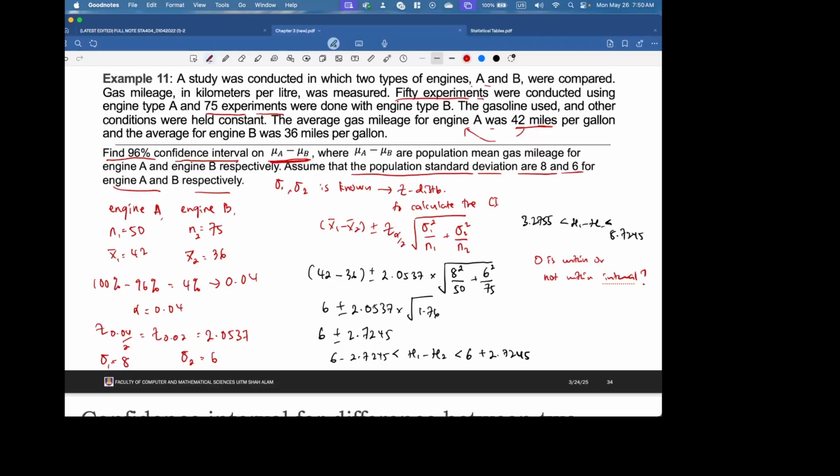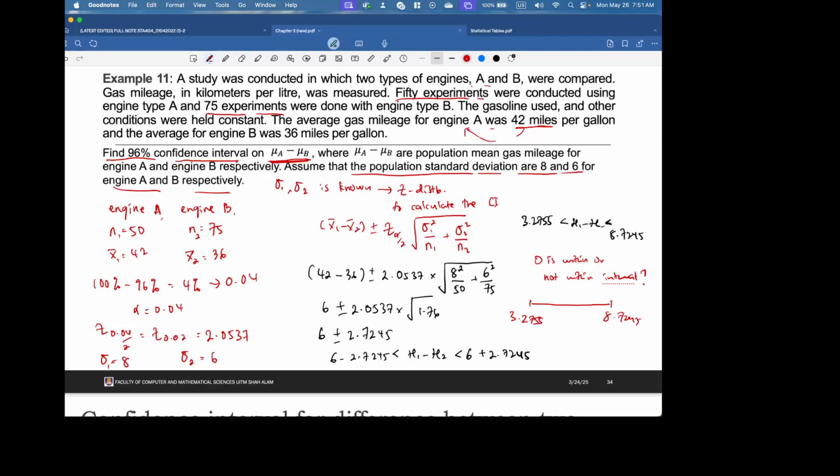This operation is not necessary, but if you want to understand whether 0 is within the interval, you can write the range: 3.2755 to 8.7245.